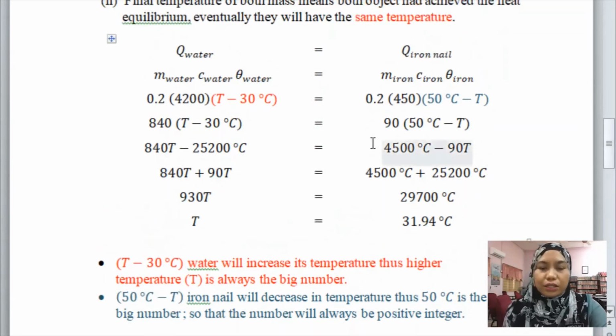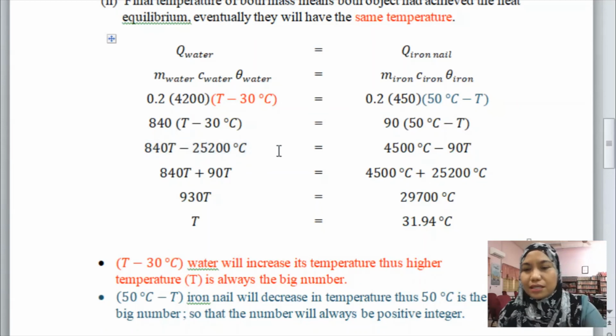Now, let's continue. 0.2 times 4,200 times T, so we get 840 T minus 25,200 degrees Celsius. We calculate the same for the iron nail, and then we have T, the final temperature, equal to 31.94 degrees Celsius.